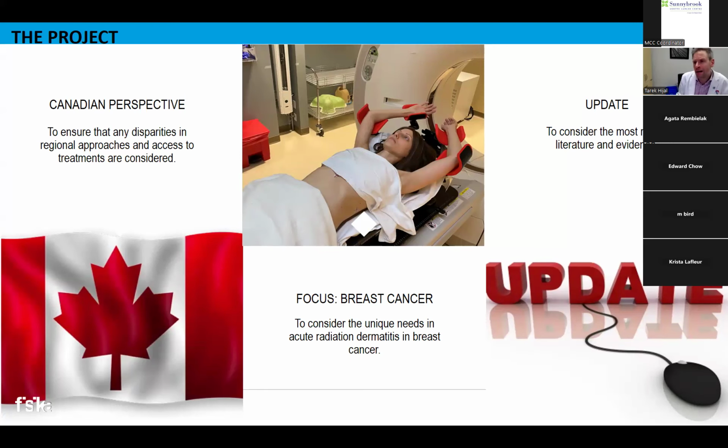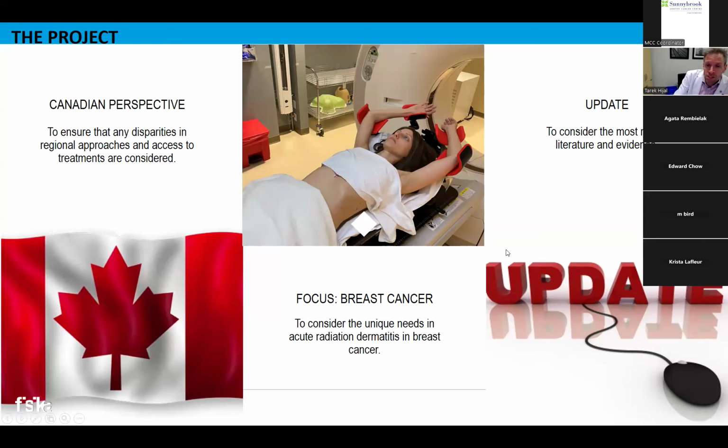We were already a year after the publication, so probably even longer after they started their project. So it was a good idea also to update and see what was happening. And we wanted to focus on breast cancer, one of the most common cancers in which dermatitis happens often.